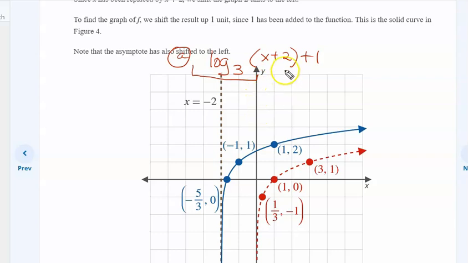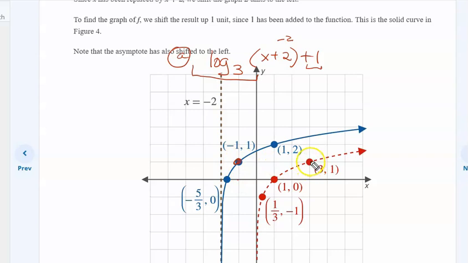Okay. Now, what do we see inside here? Well, we have a 2, that will be a -2. So we're going to take this spot, move it 2 in the opposite direction of +2, -2, which would be here, and then up 1, which would go here, and then there's that point.